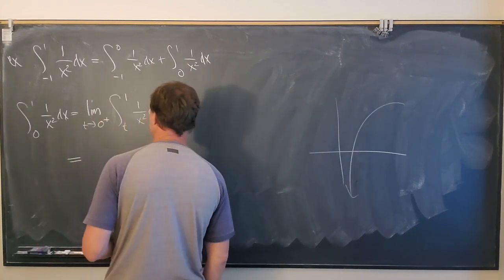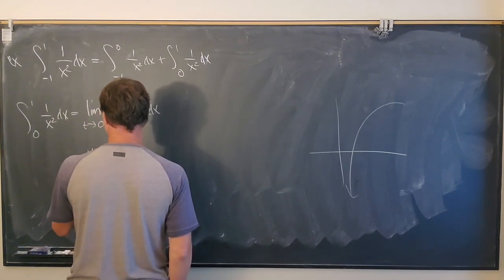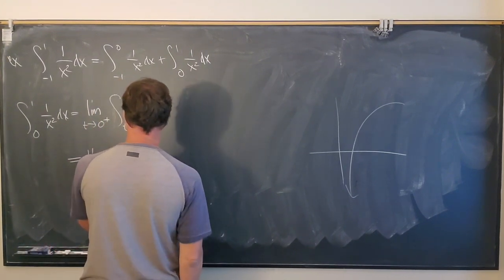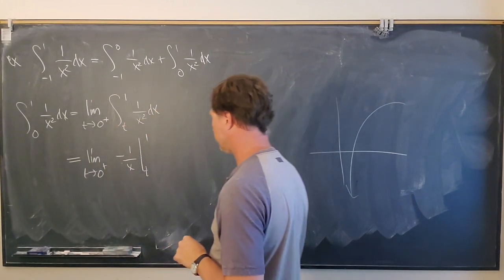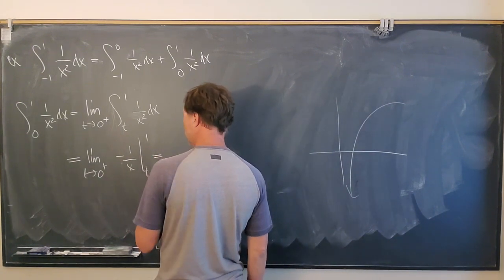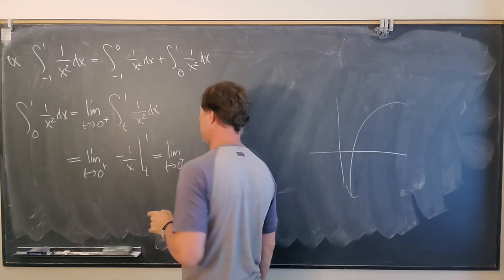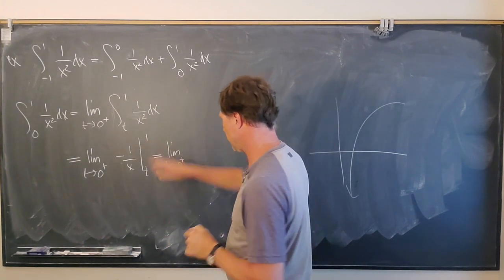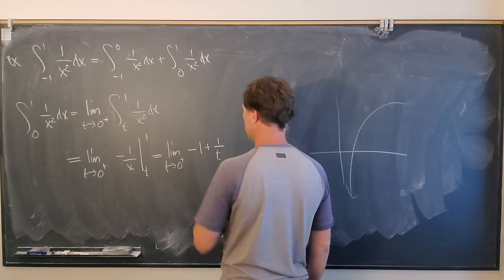That's equal to, now I can compute the antiderivative, so that's equal to the limit as t goes to 0 from the positive side of -1 over x, going from t to 1. That's equal to the limit as t goes to 0 from the positive side of -1 plus 1 over t.